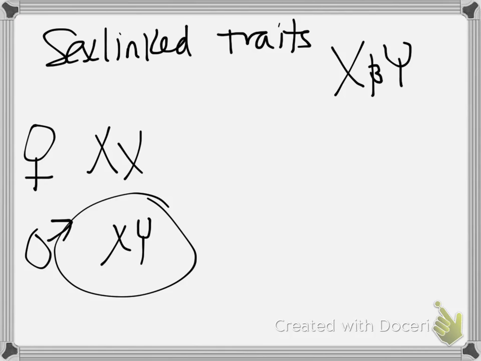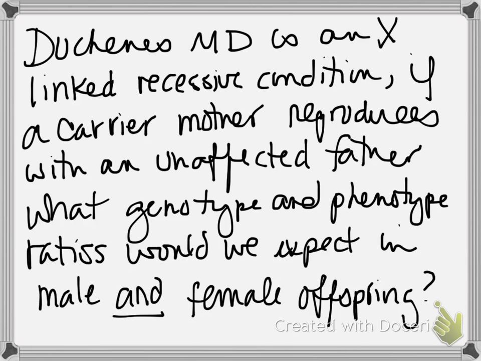Okay, and we very often show these as X with a capital N for the usual configuration, or X with a small n for the affected condition. All right, so that's a little bit of an overview review. Now let's practice one. I'll read this while you copy. Duchenne's muscular dystrophy. That's MD for muscular dystrophy.